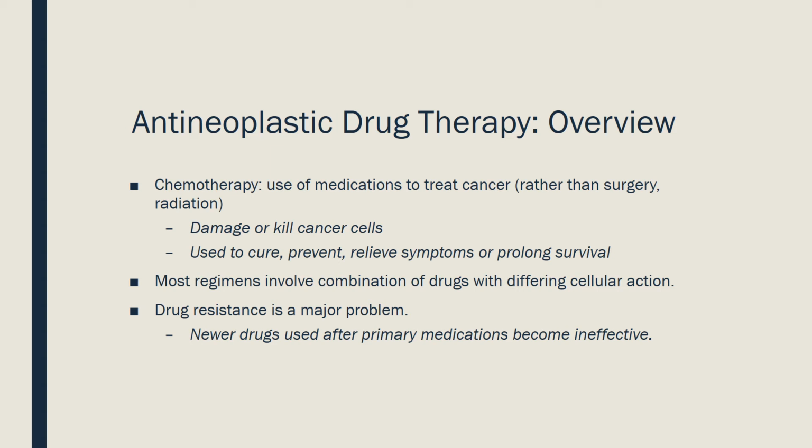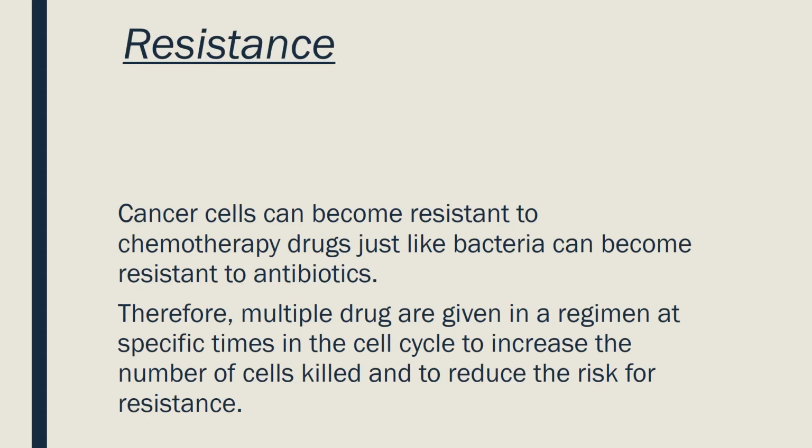Most regimens involve a combination of drugs, and we have to understand that there is drug resistance that can occur with these medications. Those cancer cells are smart, and they can become resistant. Just like with any other type of medication, like those to treat HIV patients, those folks can become resistant, and so that's why you see a combination of meds used.